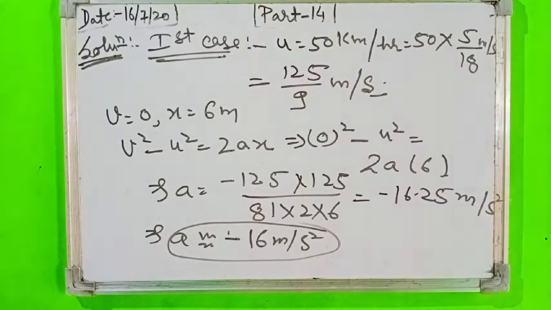Now based on this acceleration, if you have got the acceleration, then you can directly calculate the stopping distance for the second case based on the formula.